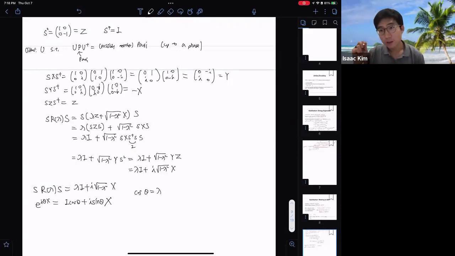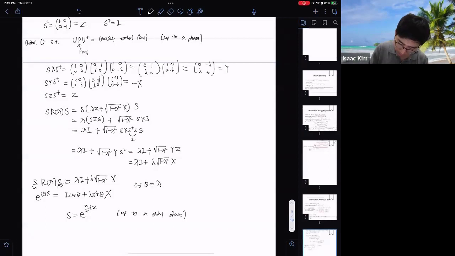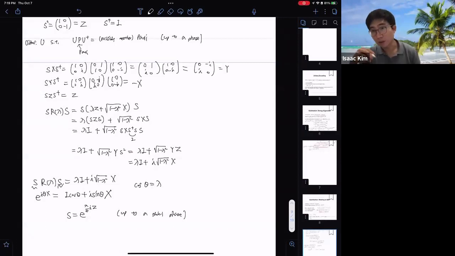And of course, there's this extra gate, the S gate, but the thing is, S is actually, up to a global phase, the exponential, you can basically generate it by a Z rotation.